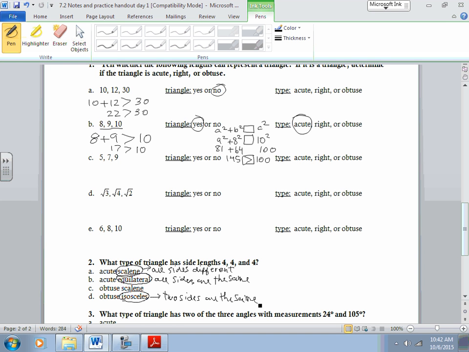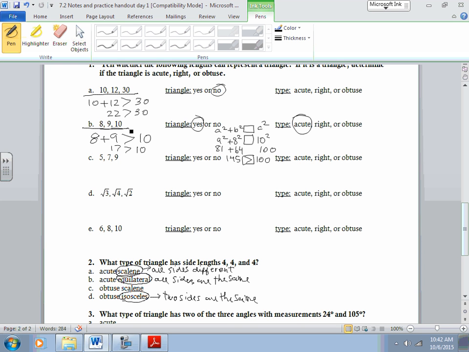And a triangle can also be scalene, equilateral, or isosceles. It's one of those 3. Now, for example, does everybody agree the first one we did is not even a triangle? The second one is a triangle, and it's an acute triangle, right?